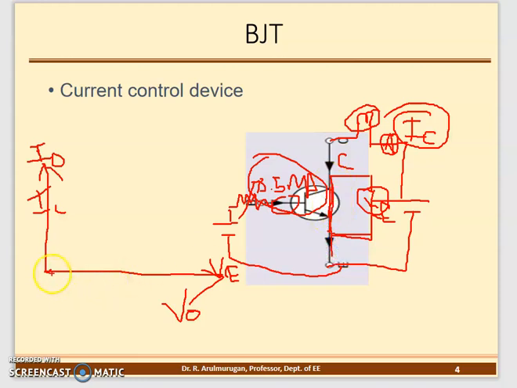Suppose I do not apply 3.5. What happened? Suppose I apply 3 milliamps. If only 3 milliamps of base current is applied, the switch is open.